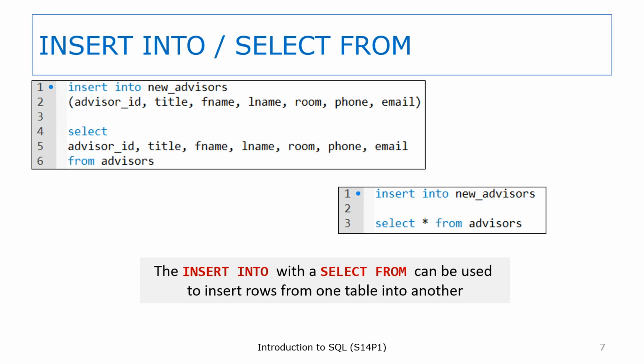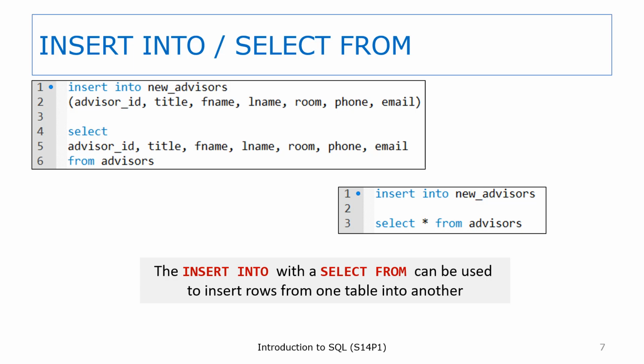In this example, the select is followed by a column list, and the data is selected from the advisors table. The select statement can be a simple select, like what is shown here, or it might be more involved. For example, you can include a where clause so that you only select certain rows in the select from table. You could also use a join if necessary.